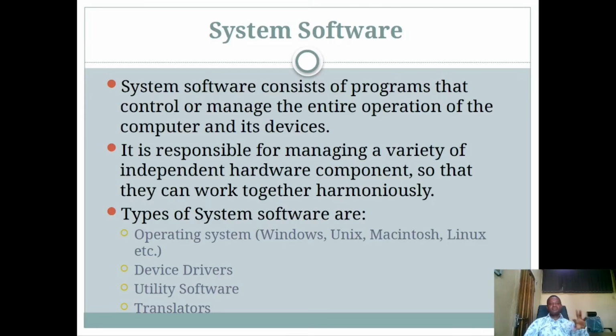The operating system is a very powerful system software that provides an interface between the hardware and application programs, and ensures that different application programs work seamlessly without any issue.